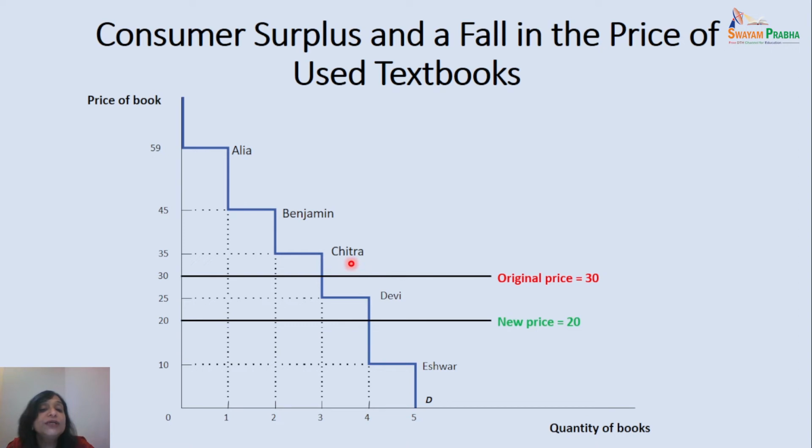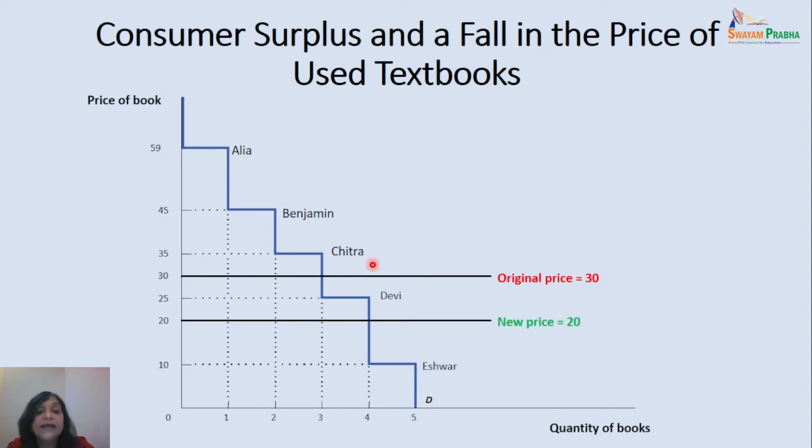What will happen to the consumer surplus of Chitra? Chitra had earlier indicated that her willingness to pay is 35. Earlier, her consumer surplus when the original price was 30 was how much? 35 minus 30, which was 5 rupees.